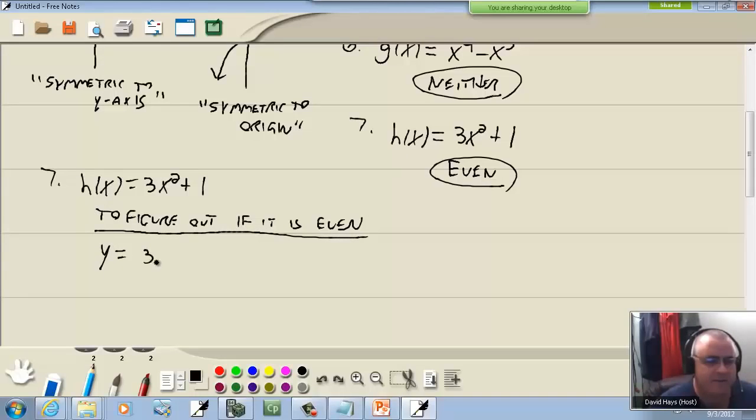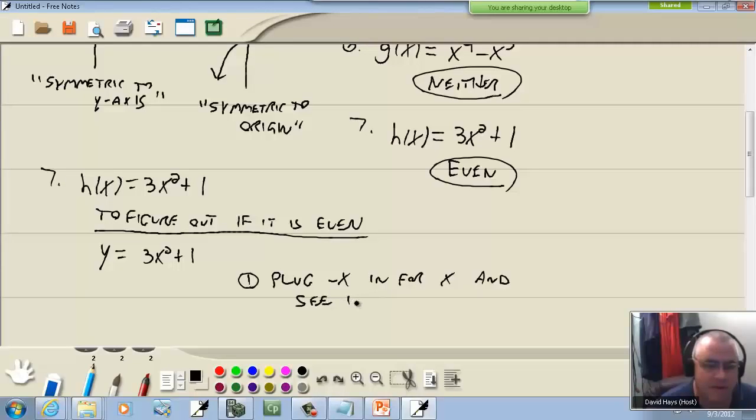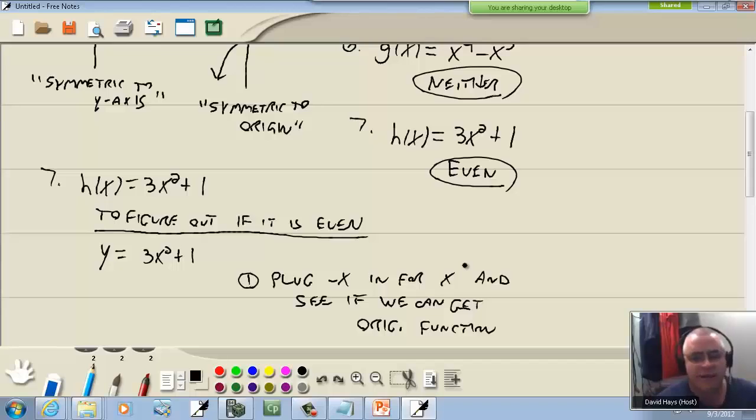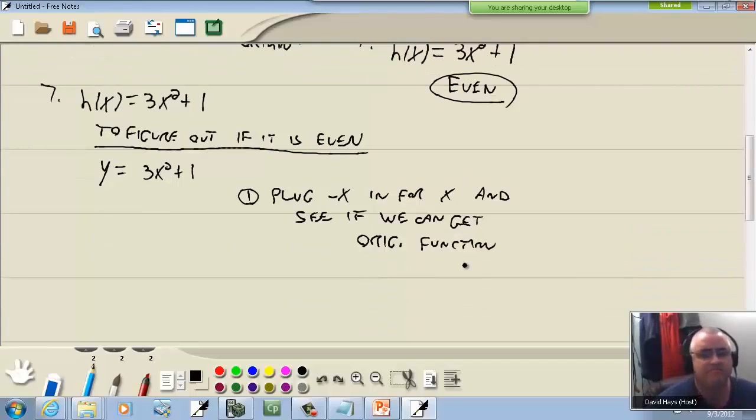So let me say y is equal to 3x squared plus 1. We're going to plug negative x in for x and see if we can get the original function.